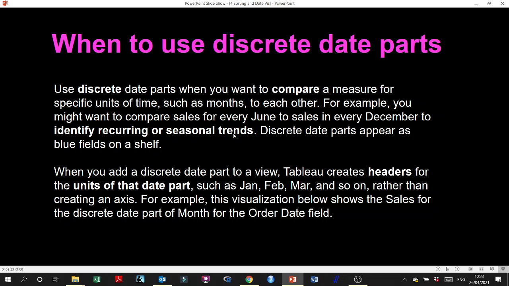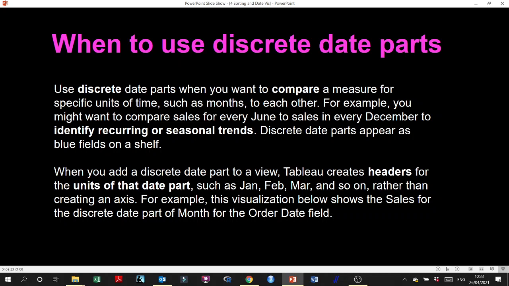So if you are mistakenly thinking that only continuous date values are used to identify trends, you're wrong. You can identify trends over a range of time using continuous date values.